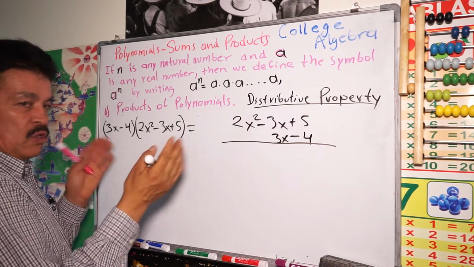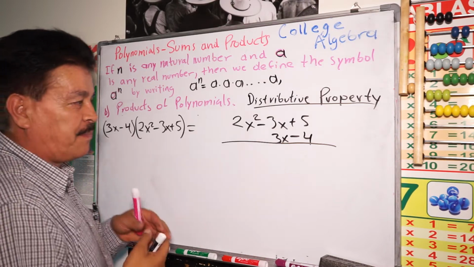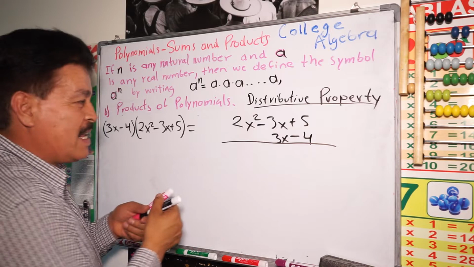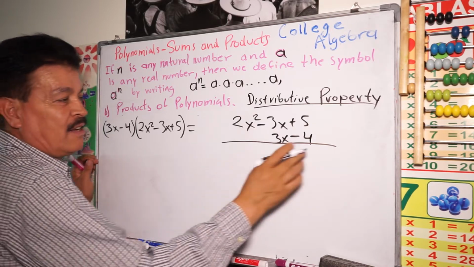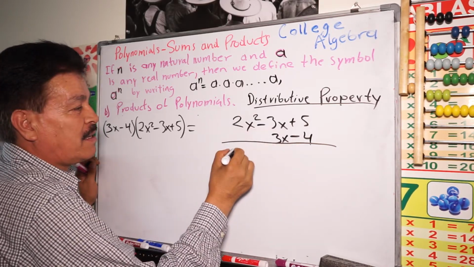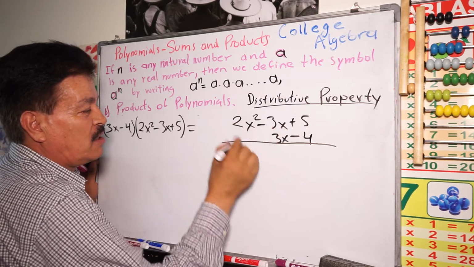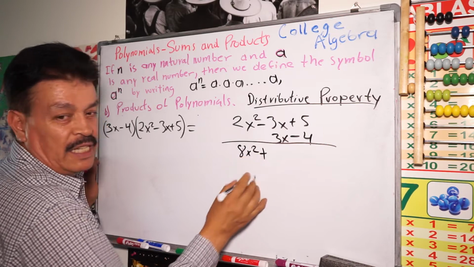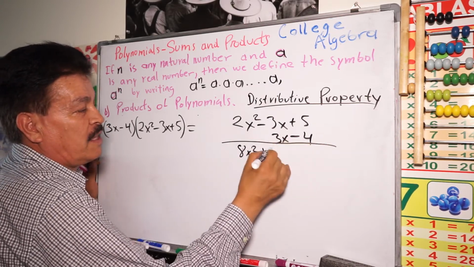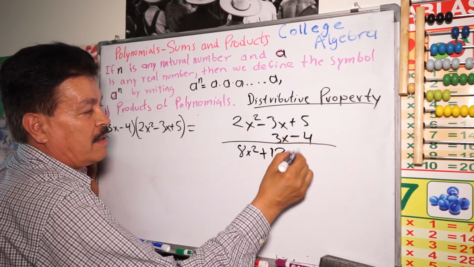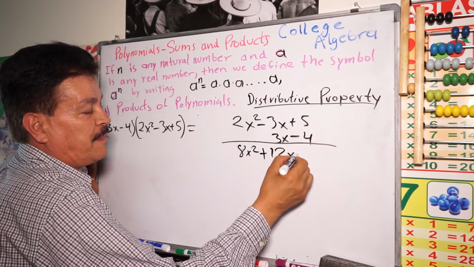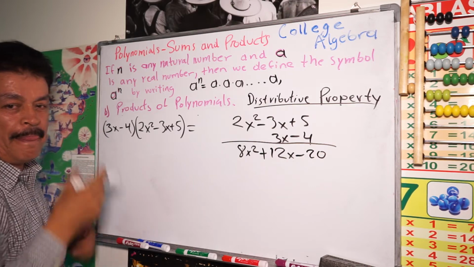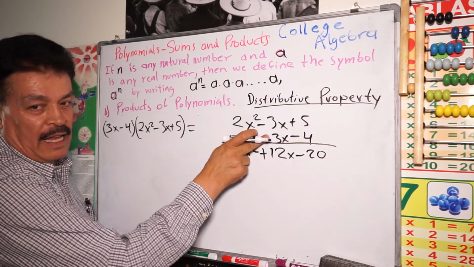Very simple, because you say times, process like right here. Multiply here. Negative 4 times 2 is negative 8x squared. The negative times negative is positive, 4 times 3 is 12x, and then negative times positive is negative, 4 times 5 is 20. Let's do another, the 3x.